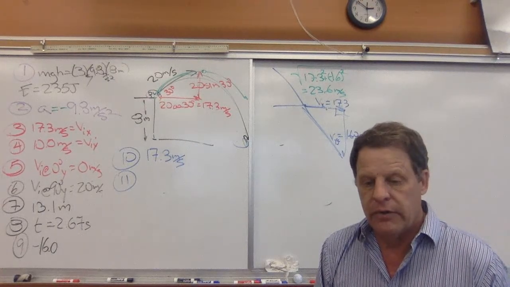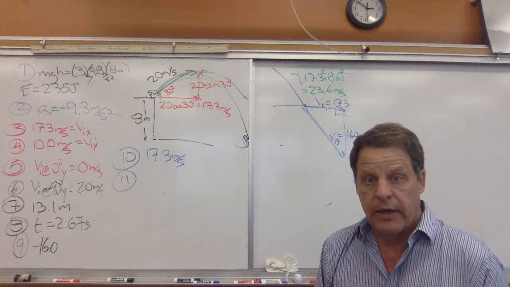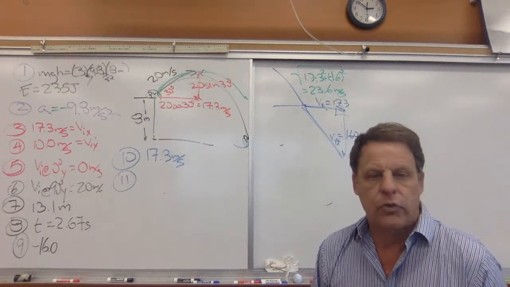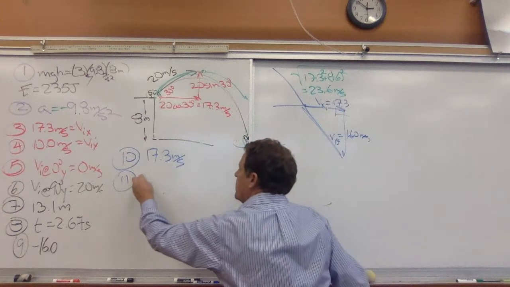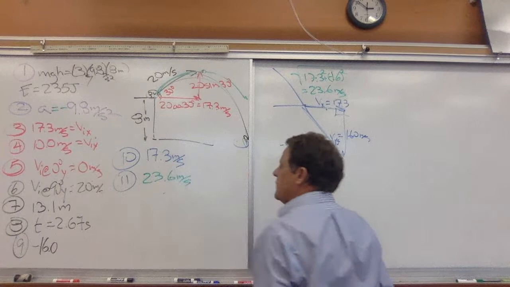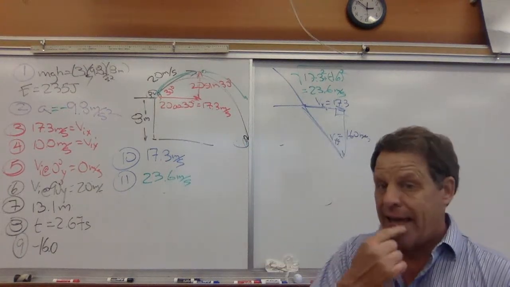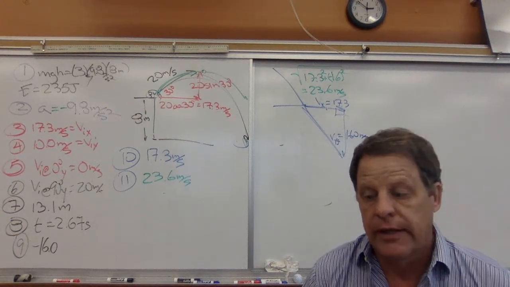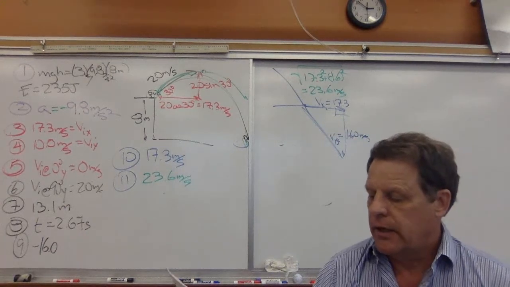I'm putting it in as a way to save a problem if I messed up. So we'll call it 23.6 meters per second. At the end of this video, I'm going to go back and edit that, so you might see that answer of 23.6, even though initially it said 23.9.